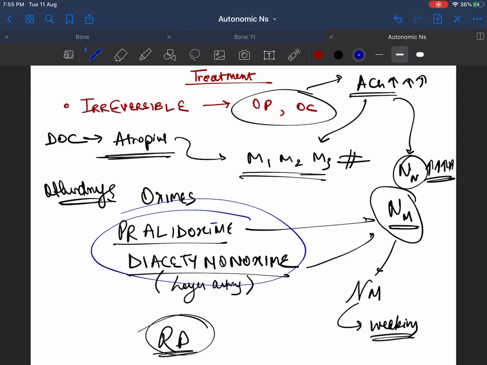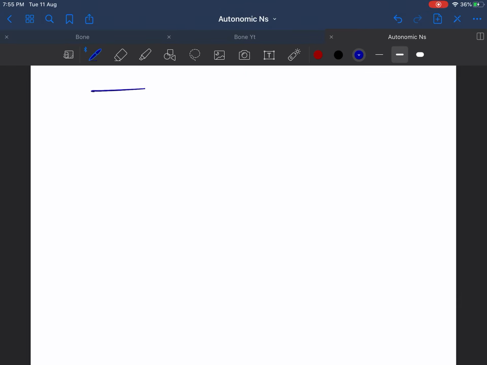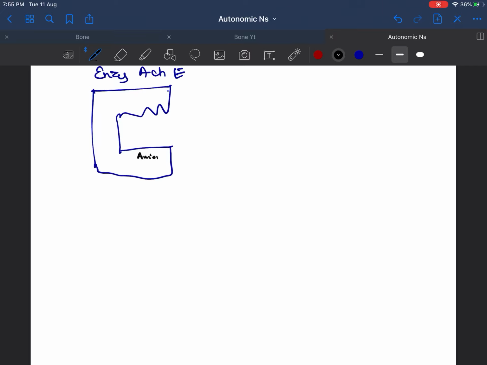So how do the oximes work? If you look at the enzyme, the acetylcholinesterase, we have one anionic site and we have the esteric site. Your organophosphates will come and attach here.